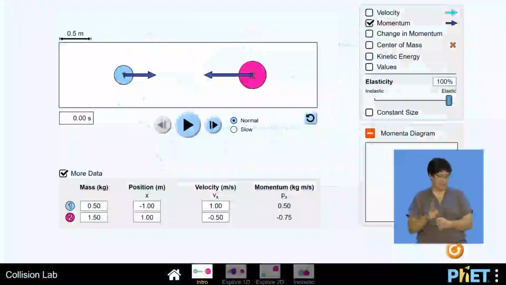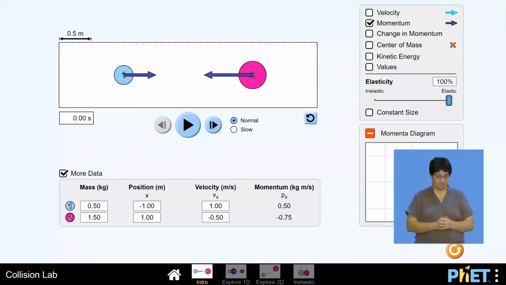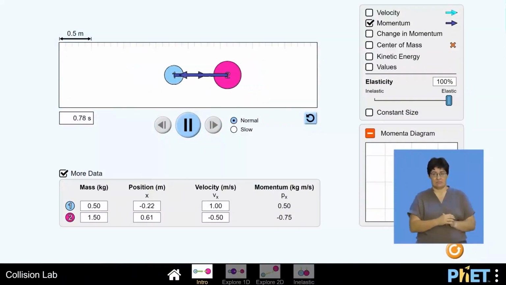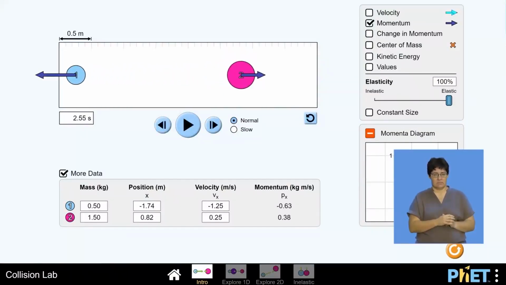So let's press play, okay? They bounce off, and away they go. So now, okay, what I want you to see is a couple of things. Number one, they came together and they bounced off. So they changed direction, but they remained as two different objects.